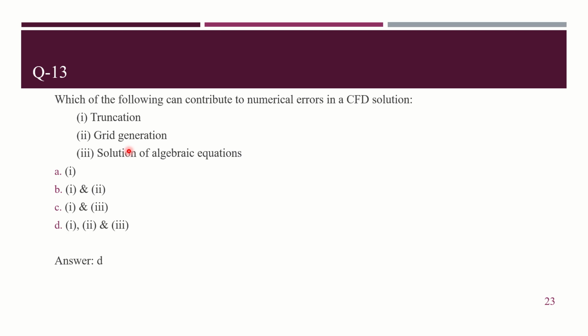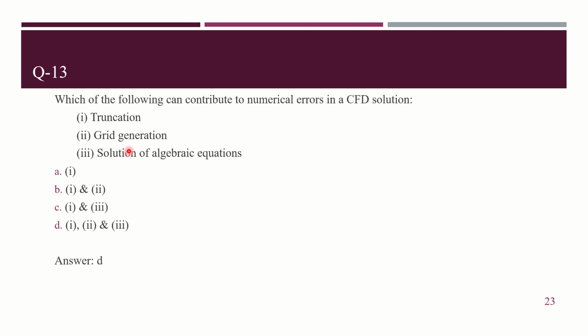Here again we are using various numerical methods like Gauss-Seidel method, Jacobi method, ADI method, SOR method we have seen. Every method is unique, and there will be some things happening behind. So solution of the algebraic equations will also contribute to some form of errors.